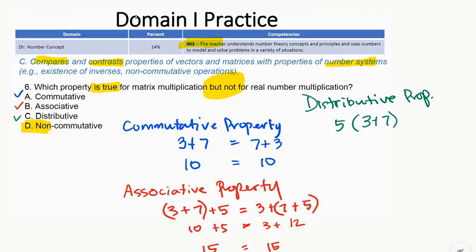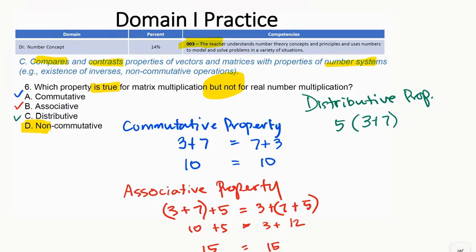Distributive property. In algebra, if I see parentheses, what do the parentheses mean? If you don't remember, that's okay, just be honest.